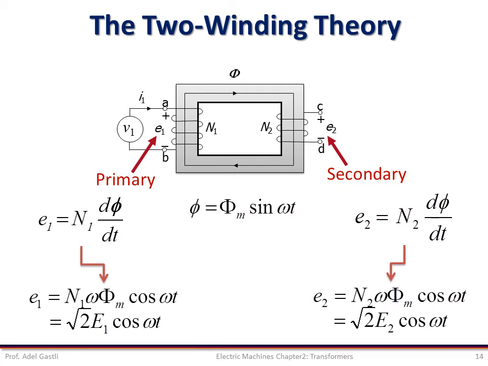Now, since the source current is sinusoidal, then the flux will also be sinusoidal, which leads to these equations of E1 and E2. The capital letter E in E1 and E2 designates root mean square values. Notice that the waveforms of the EMFs E1 and E2 are in time phase because they are produced by the same flux.